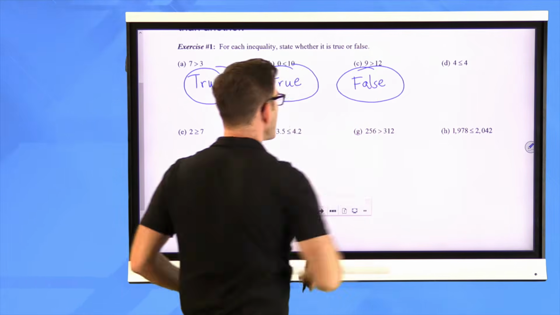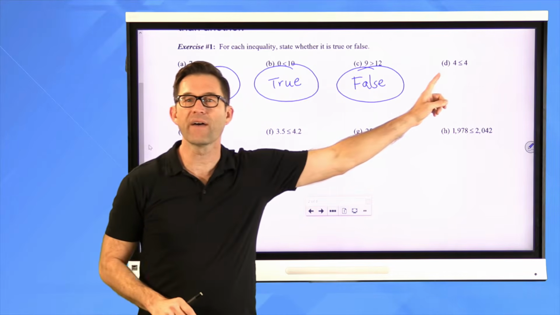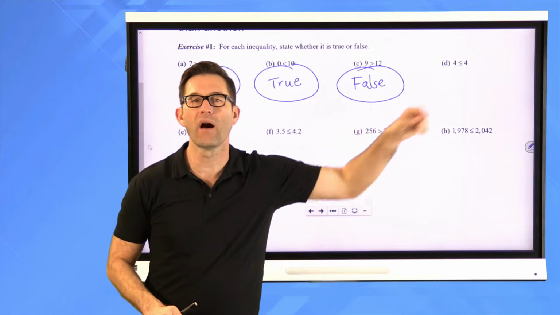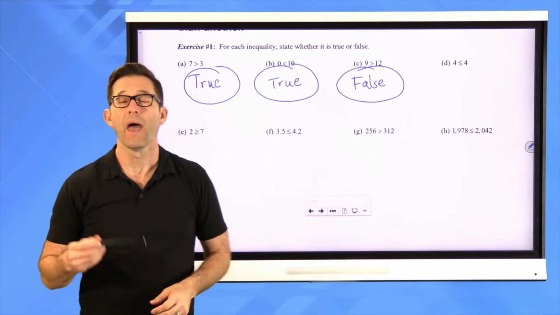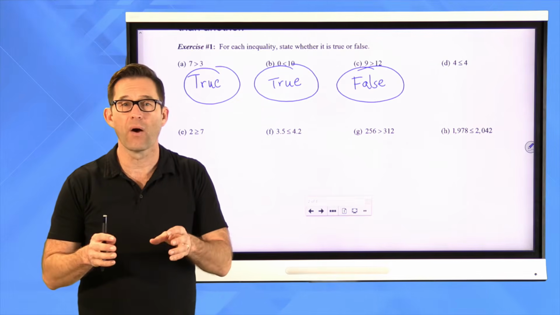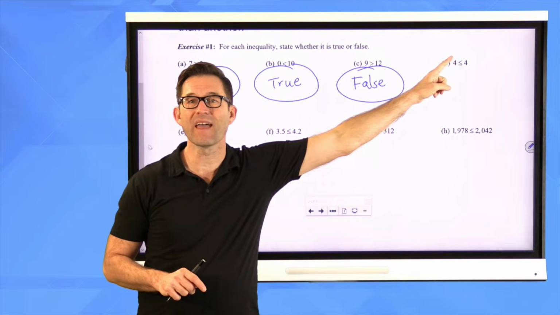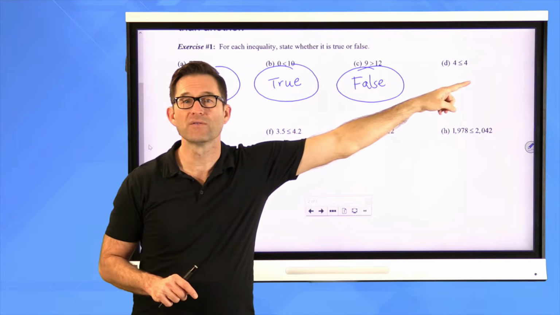Now, the one final consideration when it comes to reading these is when we not only have an inequality symbol, but a little line underneath it. What you've learned in the past is that that's really a compound inequality that says 4 is less than or equal to 4.